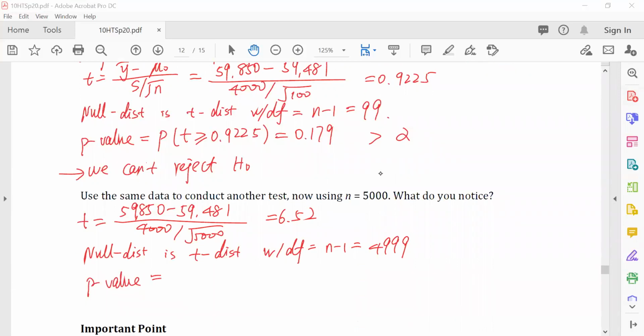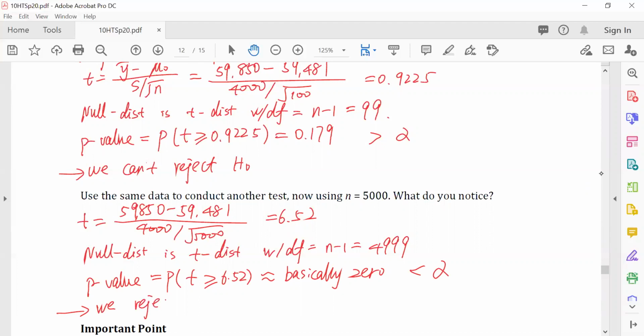So the p-value will be the probability that t is greater or equal to the test statistic you calculated. This is basically 0. This is obviously less than alpha, so we reject H-naught.